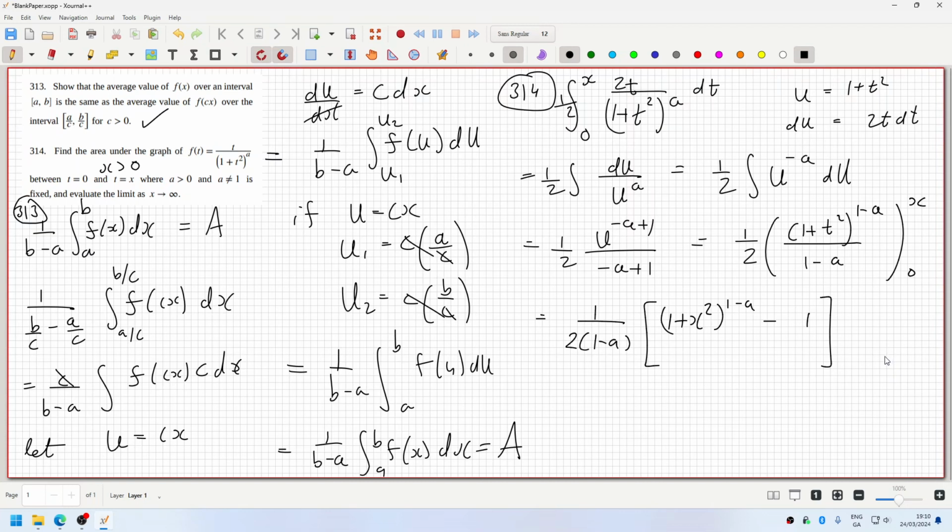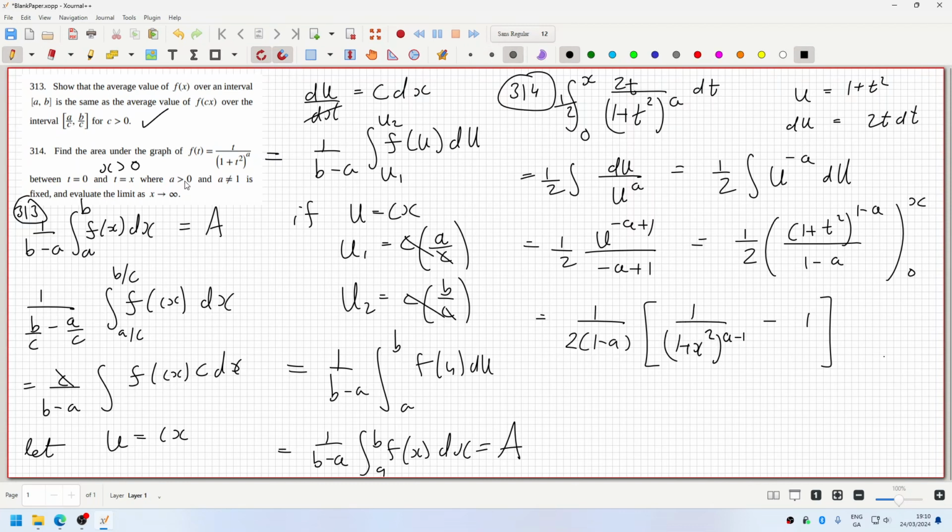Now, when x tends to infinity, well, I could change this into 1 over (1 plus x squared) to the a minus 1.